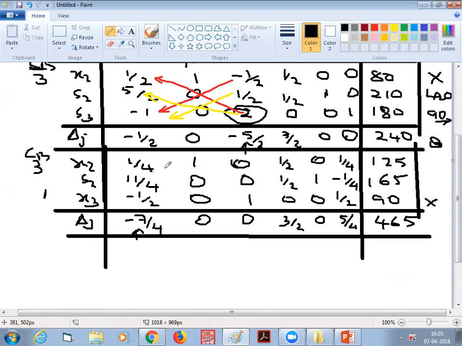125 divided by 1 by 4. What is 125 divided by 1 by 4? 125 into 4, which is 500. Okay. And here 165 divided by 11 by 4. 165 divided by 11 is 15. 15 into 4 is 60.